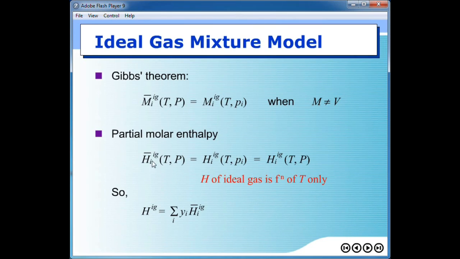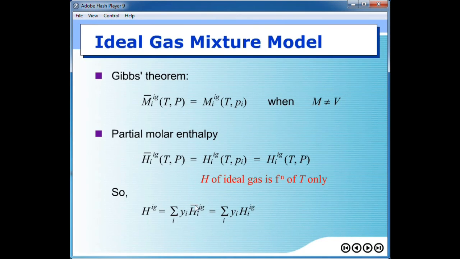So, take the partial molar enthalpy, and then you use the summability relation. You multiply by mole fraction and sum them up for all species. You get the enthalpy of the mixture. This is the molar enthalpy of the mixture, right? So this is the mixture, and this is the species inside the mixture. Then we use the equation from above.